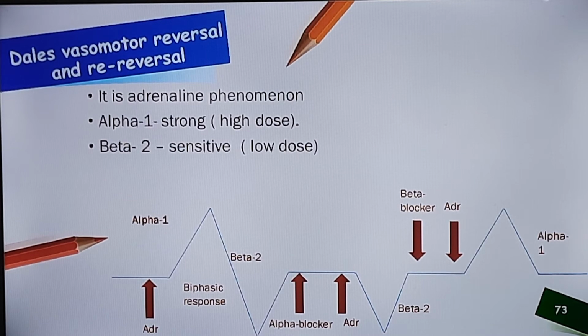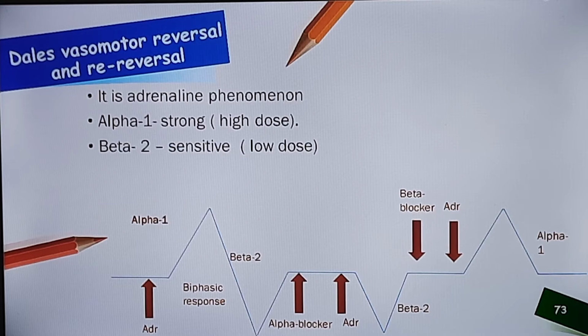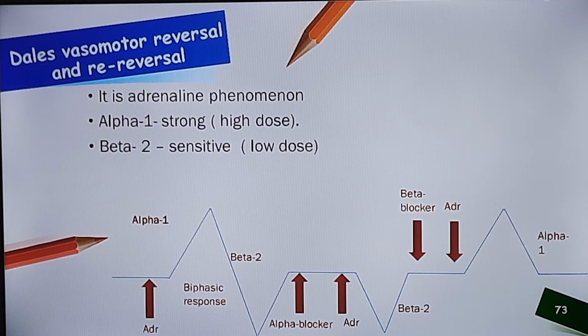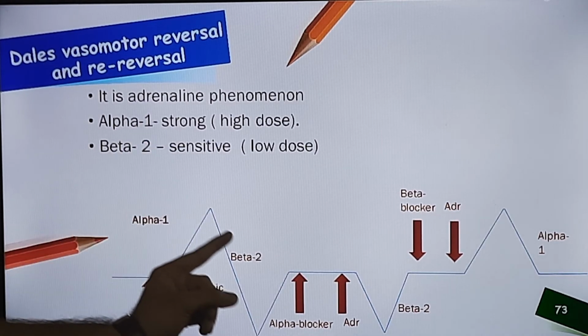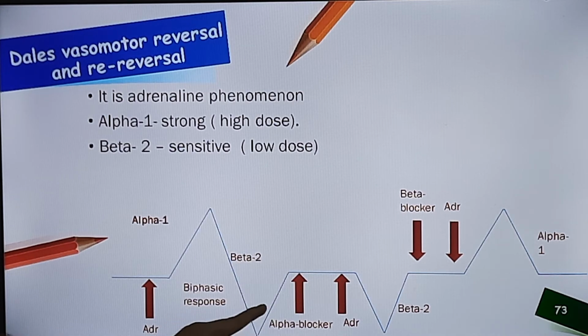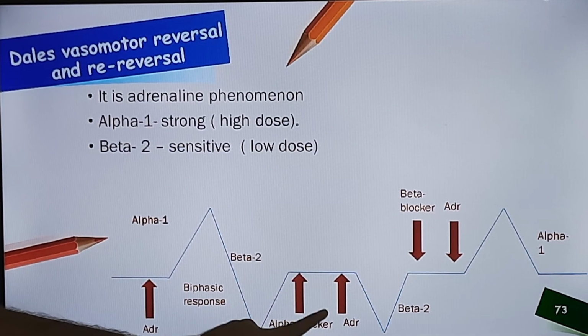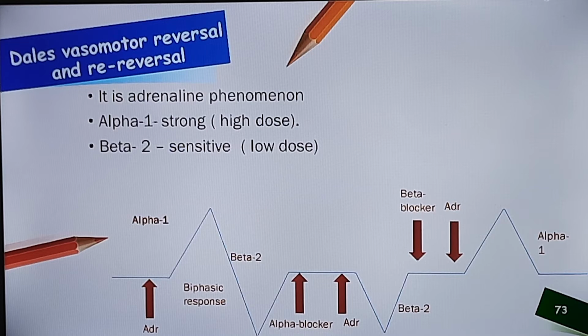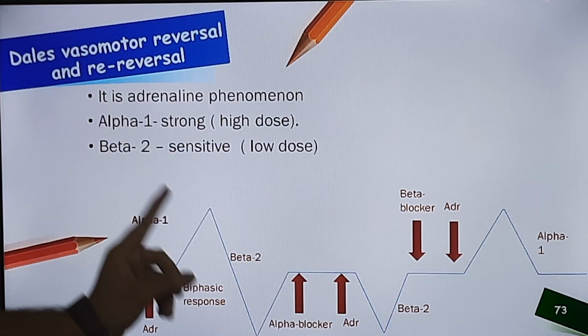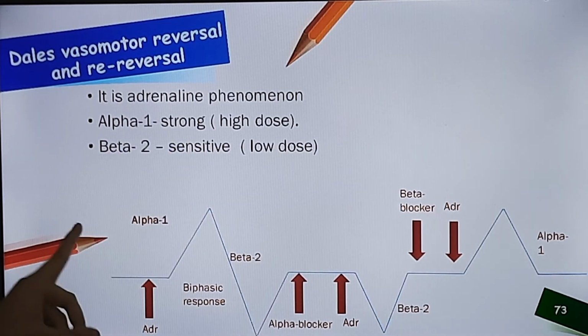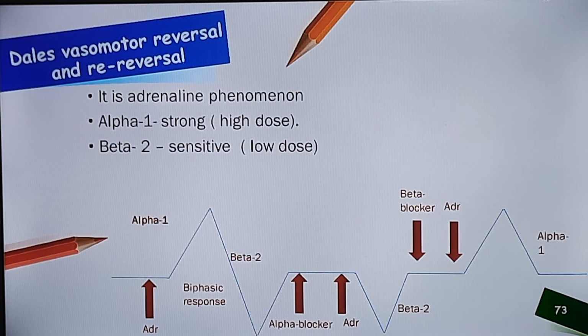So this particular phenomenon is known as Dale's vasomotor reversal, and उसका जो statement है, it states that there is fall in the blood pressure after giving alpha blocker. Alpha blocker देने के बाद when you give adrenaline, this adrenaline will purely work on our beta 2, and उसके वजह से there will be no biphasic response, but only fall in blood pressure will be seen.